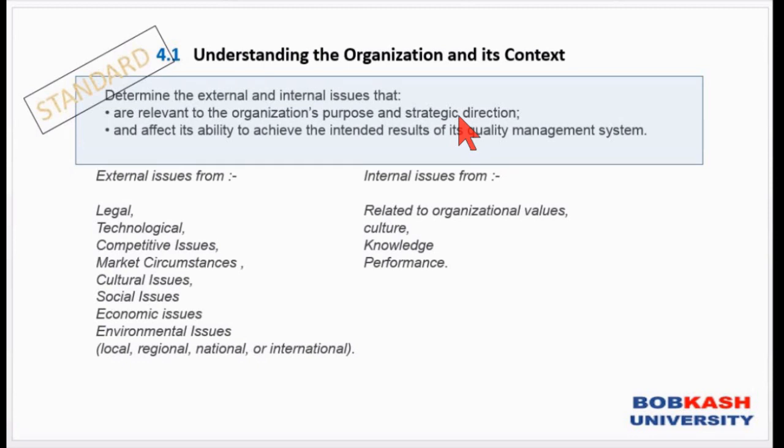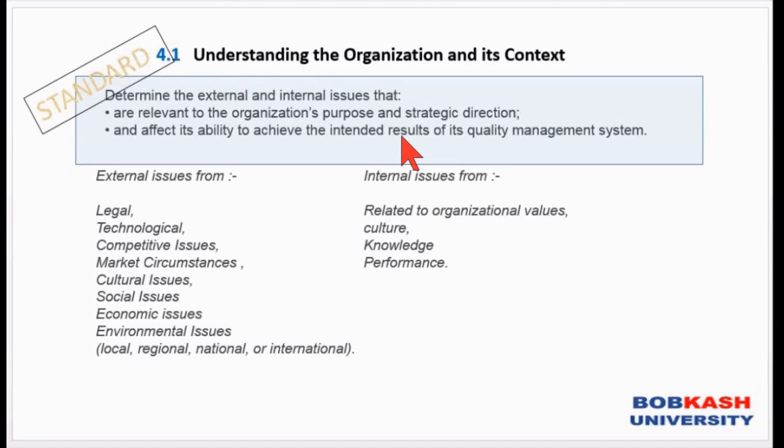So we have to identify the external and internal issues that are relevant to the start, which is the organizational purpose, and the method by which it will achieve the results, strategic direction, and affects its ability to achieve the end. Intended results means end.